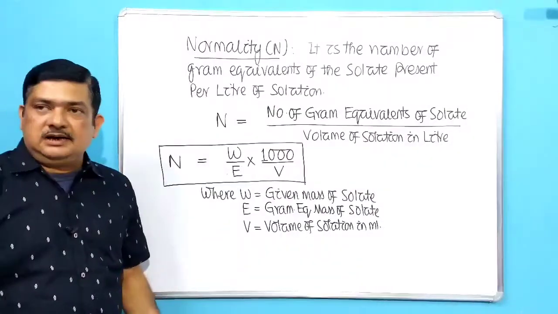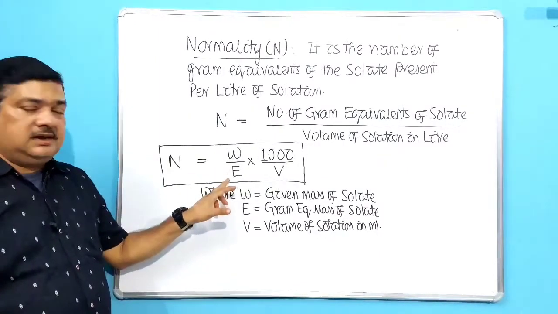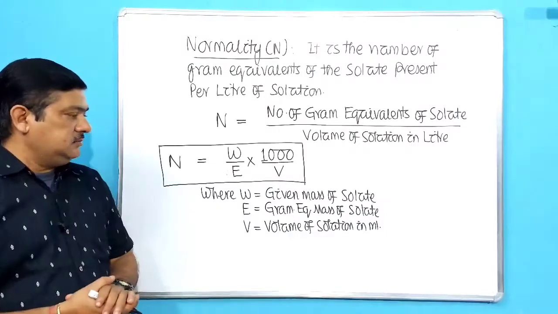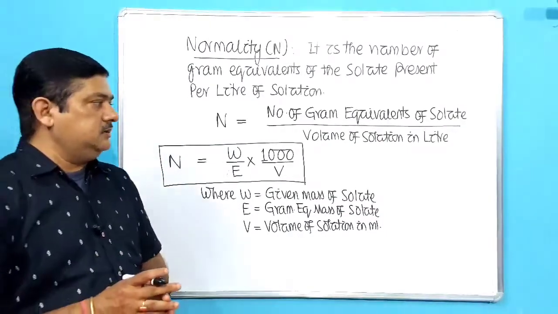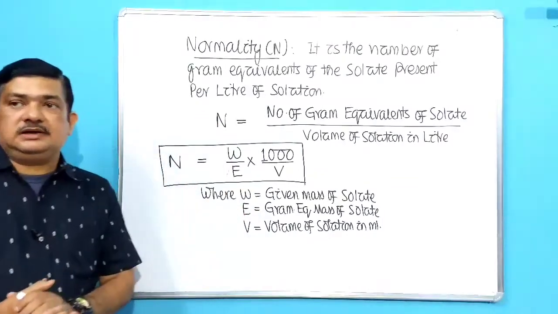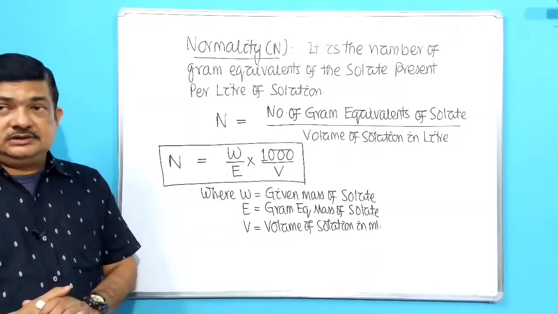So it is a similar formula to molarity, where it was W by M, molar mass. Here it is W by E, that is gram equivalent mass. You know how to calculate equivalent mass? Simply add gram, it will become gram equivalent mass. So this is how you can calculate the normality of any solution.